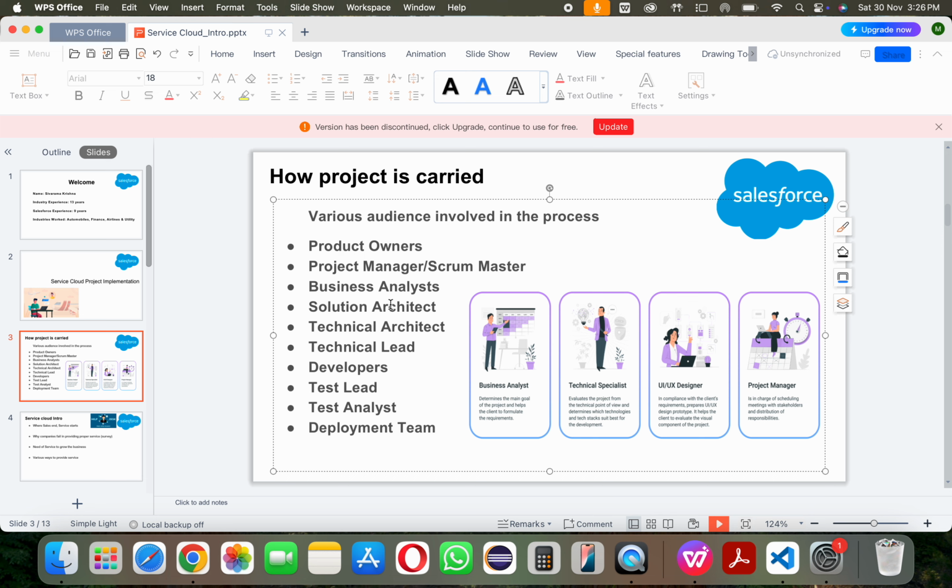Next comes the technical architect. So the technical architect will come after the requirements are gathered. When the requirements are gathered, now I know I'll be developing everything in Salesforce. So for a particular requirement, think like I want to create a child record when a parent record has been created. Now this requirement can be done using Apex. You can do it using Flow.